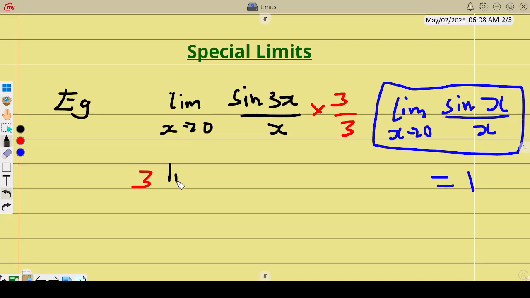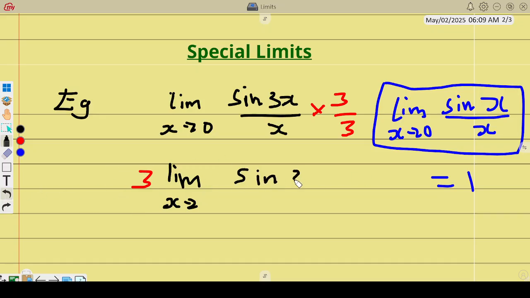On the rules of limits, we have the constant rule. When you are multiplying a limit, it simply means the number is outside here. Yeah, so the 3 goes out there. And then this 3, we can also write it here as well. But we do not want to write it there.